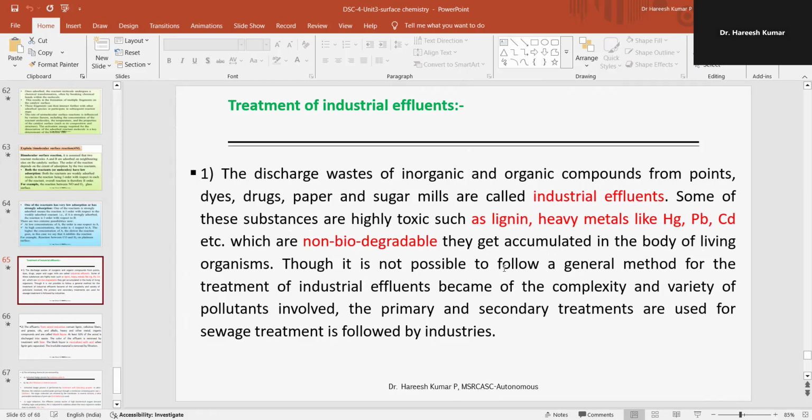It is not possible to follow a general method for the treatment of industrial effluent because of the complexity and variety of pollutants involved. The primary and secondary treatments used for sewage treatment are followed by the industries.